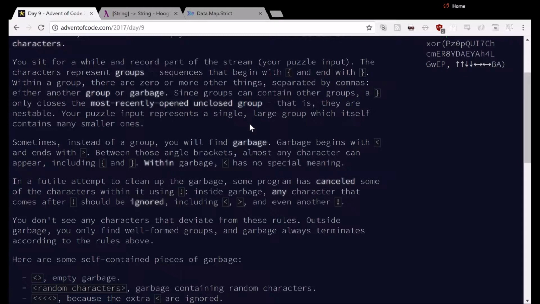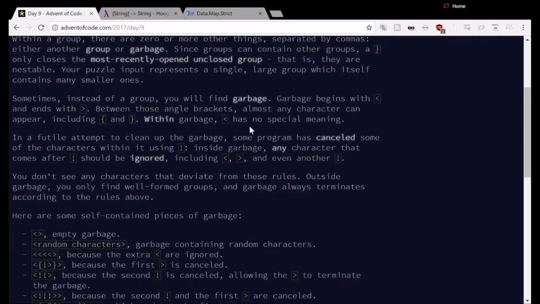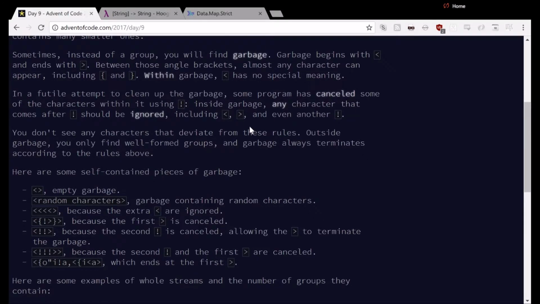Zero or more things separated by commas. Groups begin and end with curly brackets. Between angle brackets, any characters can appear. Yeah, I know.